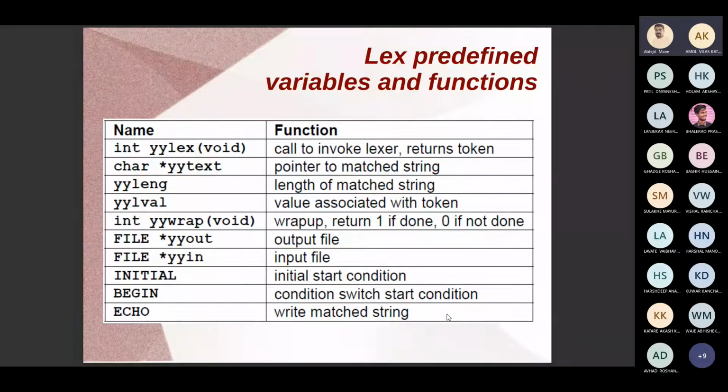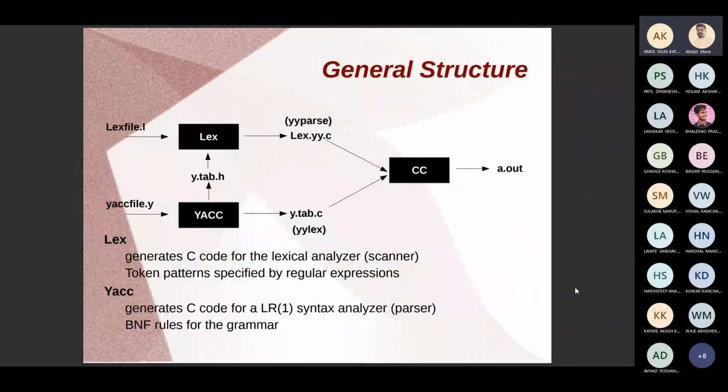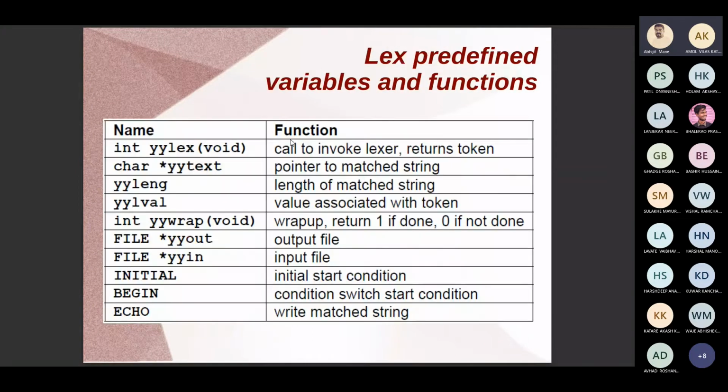By default, if you don't mention it, it is added from the library when you compile the program. So yylex, in the file lex.yy.c, is automatically added as a function, and it returns the tokens.